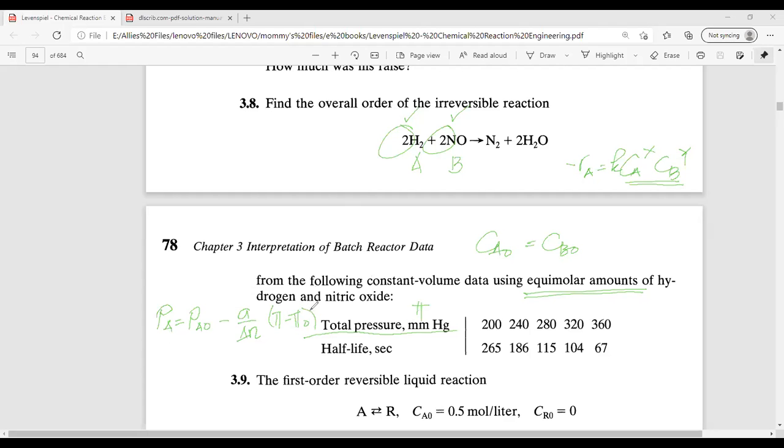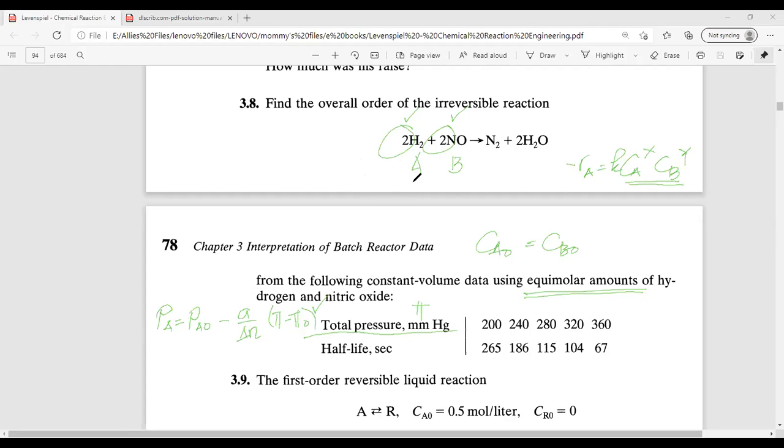What about the pi sub o? The pi sub o is the initial total pressure of your system. Okay, take note. Initial total pressure of your system. What about the small a? This small a is the stoichiometric coefficient of A in your chemical reaction.